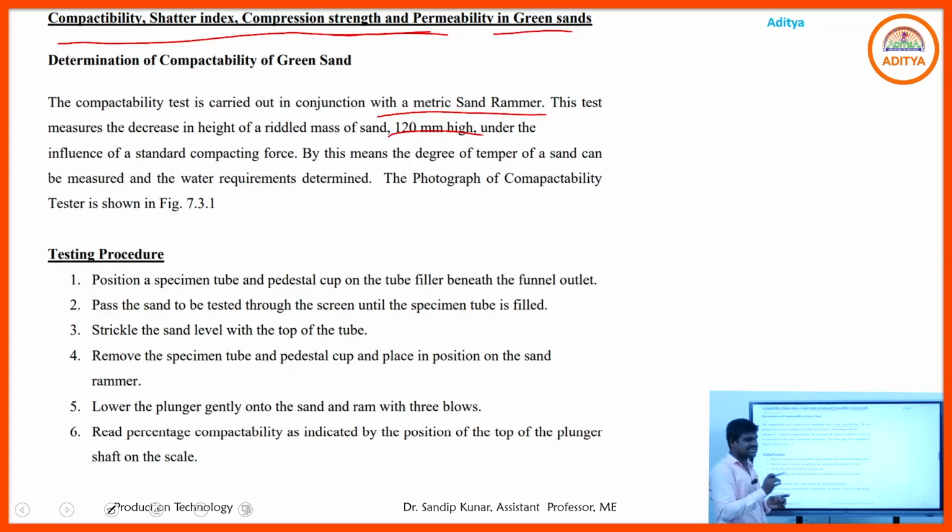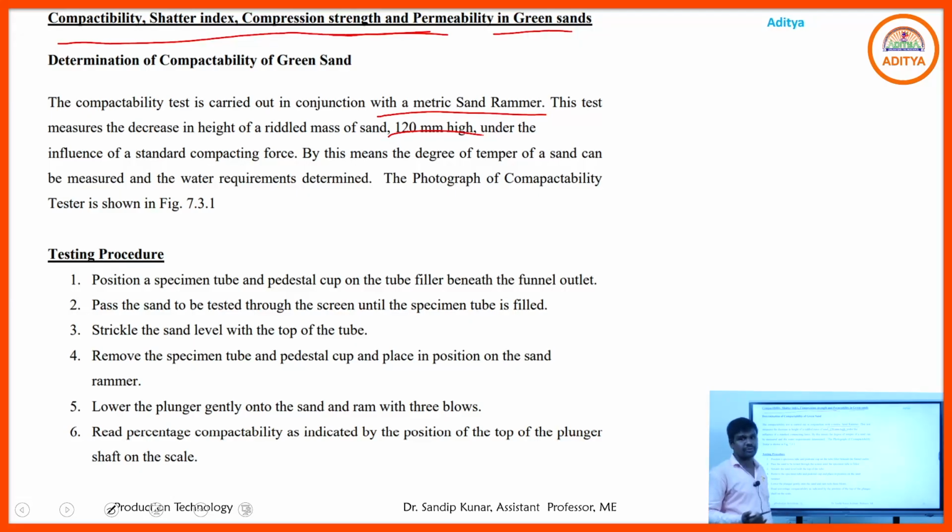It is a cylindrical sand specimen we have produced. Then we apply the pressure, and the height of that cylindrical sand decreases. Based on that, the degree of temper of a sand can be measured, and we also determine the water requirements of that particular molding sand.